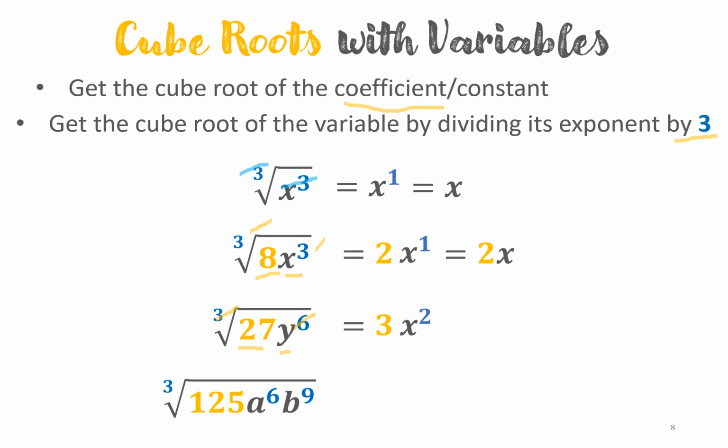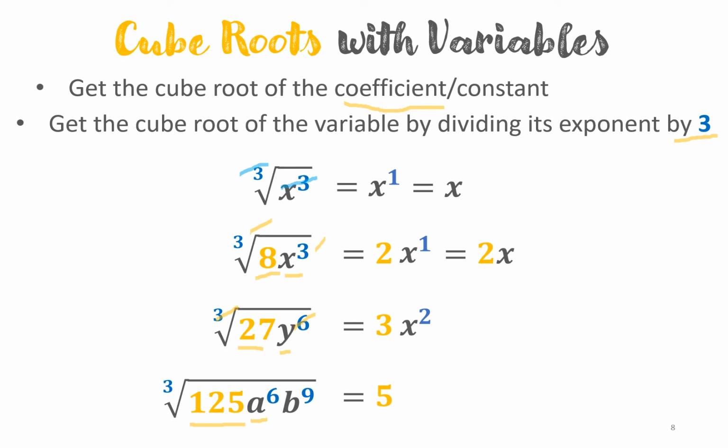Next, we have here cube root of 125, a to the 6, b to the 9th power. Ganun din ang gagawin. Unahin natin yung numerical value. Cube root ng 125, that would give us 5. And then, kunin mo yung variable. Ayun na, a yung variable.